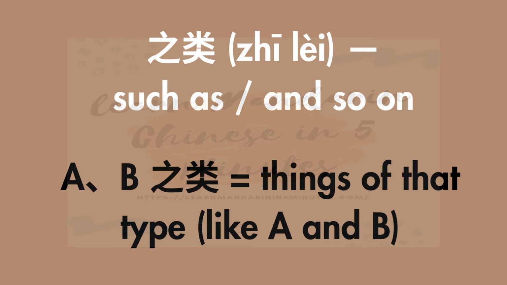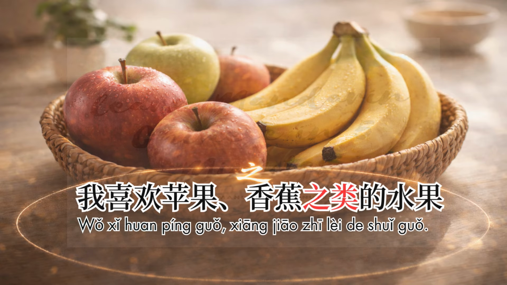So 之 is the step that turns random items into a representative set. For example, 我喜欢苹果、香蕉之类的水果. I like fruits such as apples and bananas.